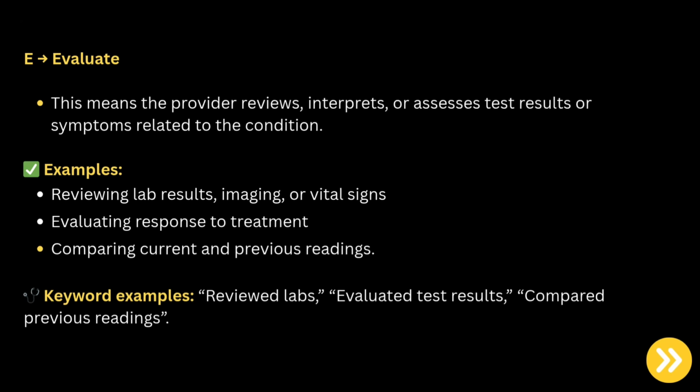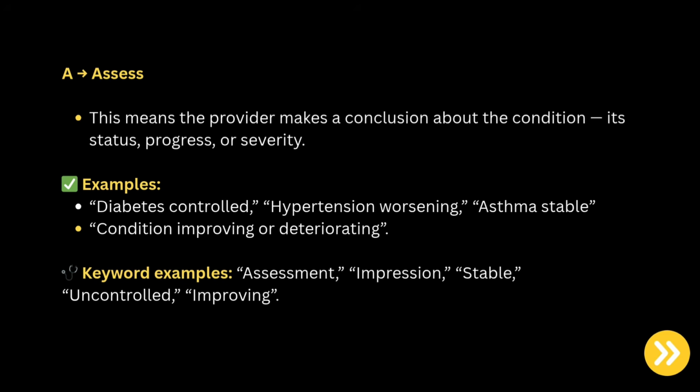Second comes evaluation. This means the provider reviews, interprets or assesses test results or symptoms related to the condition. Example: reviewing the lab result, image or vital signs, evaluating response to the treatment. Keyword examples are reviewed labs, reviewed lab results, compared previous reading. Those can be used as keywords. Assess, A for assess.